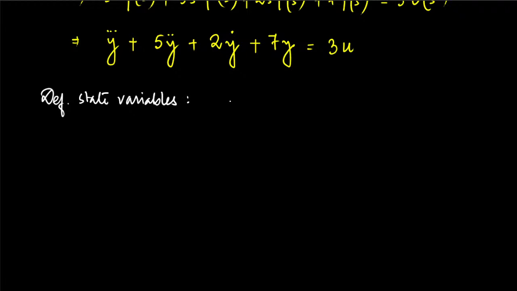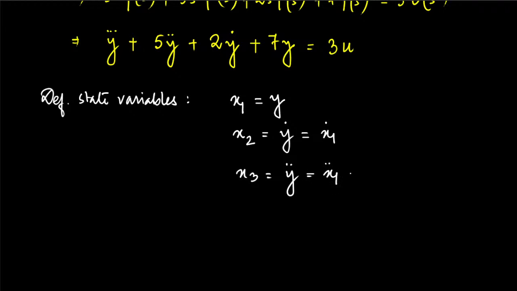We are saying that x1 is a variable that is representing y, x2 is a variable that is representing y dot, which is in turn representing x1 dot, and x3 is a variable that is representing y double dot, which is in turn representing x1 double dot, which is just x2 dot. Since it's a third order system, these three are sufficient, right?